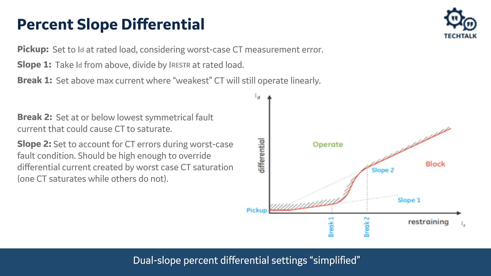However, if you want to be extra accurate, the best way to figure out what this point should be is to use the IEEE CT saturation tool that's available online. If you just Google IEEE CT saturation tool, you should be able to find it. You can plug in the CT and the burden info and a proposed fault current, and it'll show you the measurement waveform that would result.